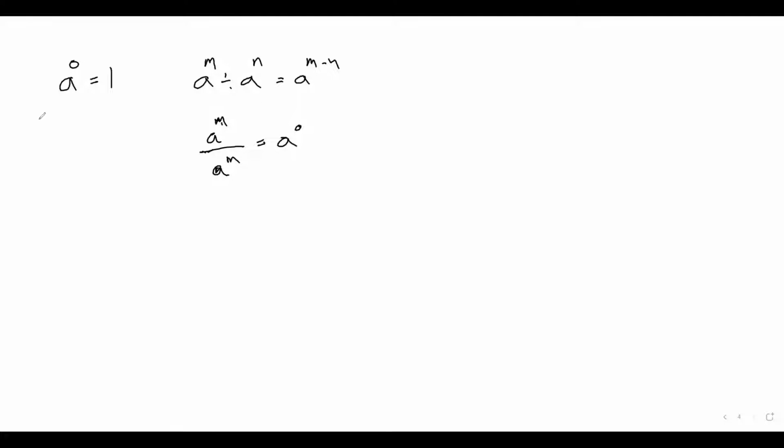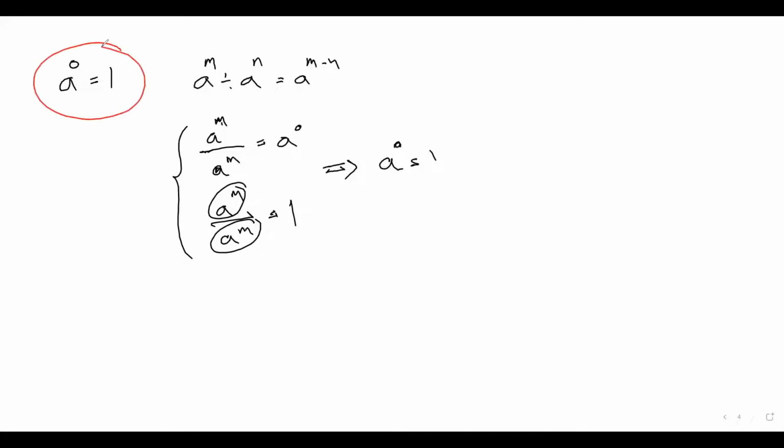And on the left-hand side, we also know that a to the power of m divided by a to the power of m is 1, because anything divided by itself is 1. So the conclusion from these two statements is that anything raised to the power of 0 is 1. You don't need to learn how to derive it, guys, but definitely you need to know the fact that anything raised to the power of 0 is 1. We're going to use it in the future.